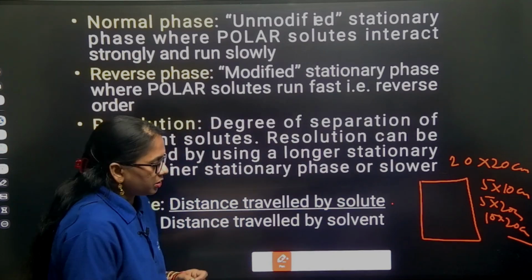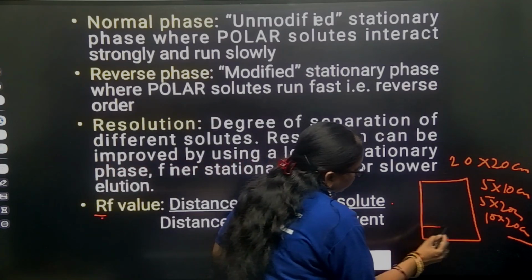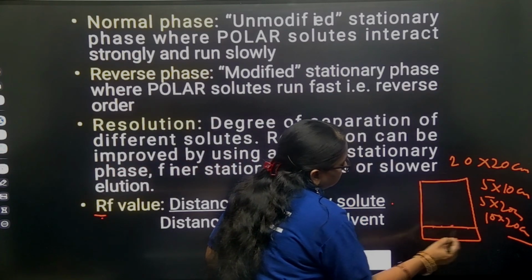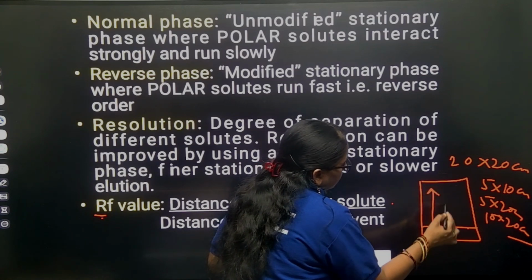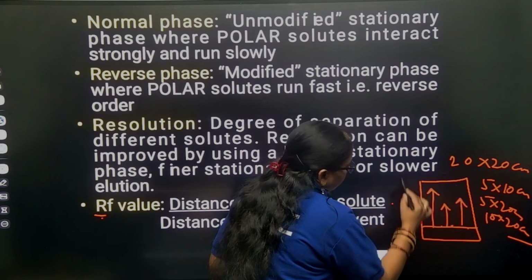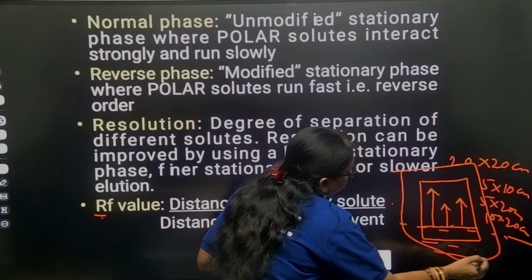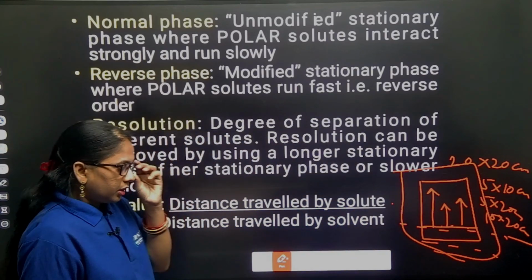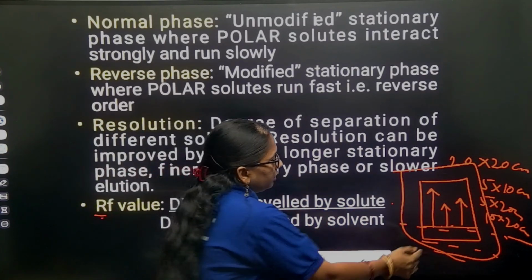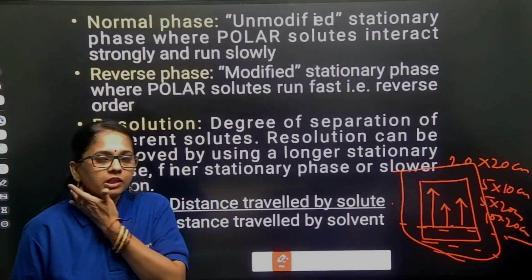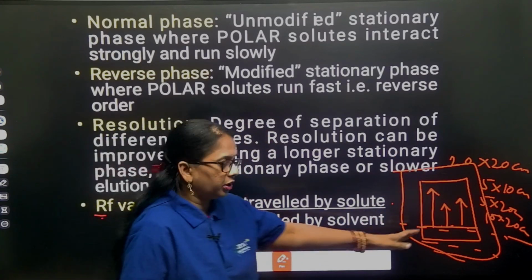Spotting of the sample is done, and after putting everything in the saturated mobile phase TLC chamber, you are going to observe the travelling of the solute along with the solvent.